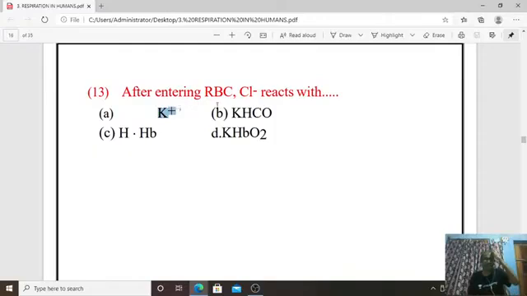So potassium chloride is going to be formed. That is the involvement of the chloride shift mechanism. An equal amount of chloride ion is shifted from the plasma into the RBC of the blood, and the entered chloride ion reacts with the potassium ion.